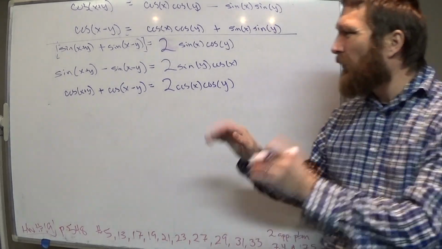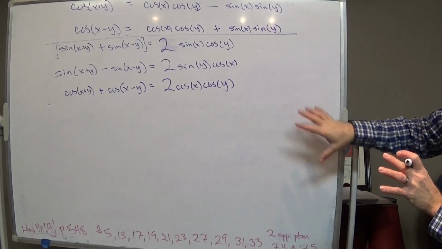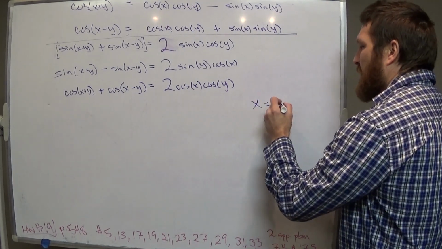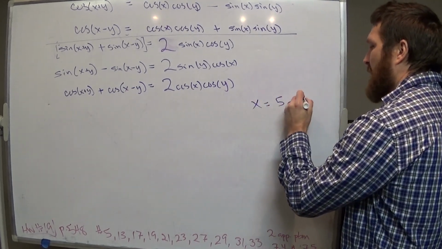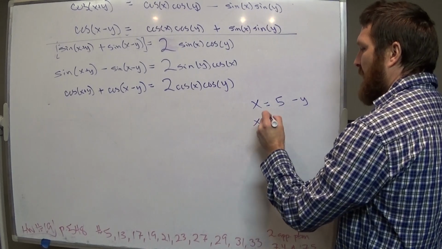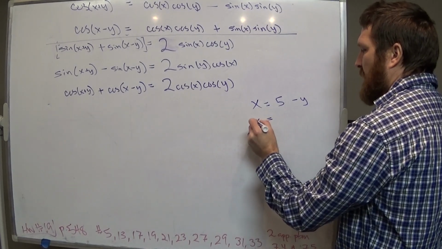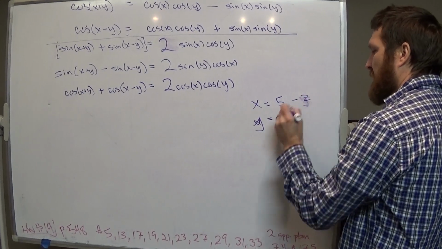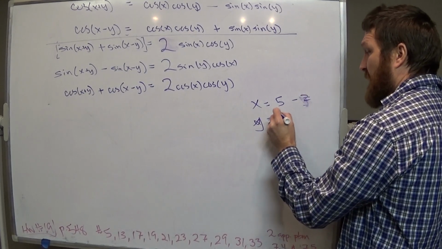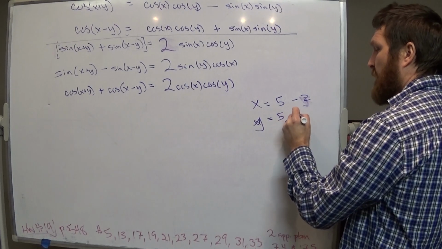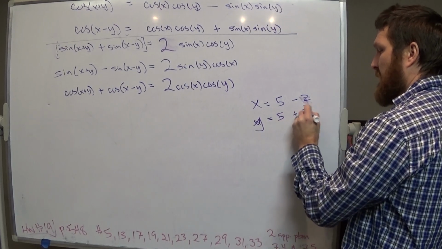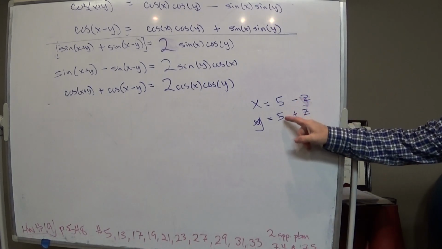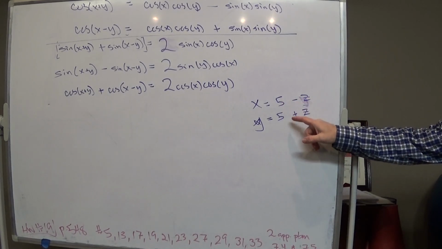So the way I'm going to do this is, it's just like if I have x equals, let's say, 5 minus y, and y equals, how about, 5 plus z. Now I could say, well, hold up, I need to subtract these to get rid of the 5.